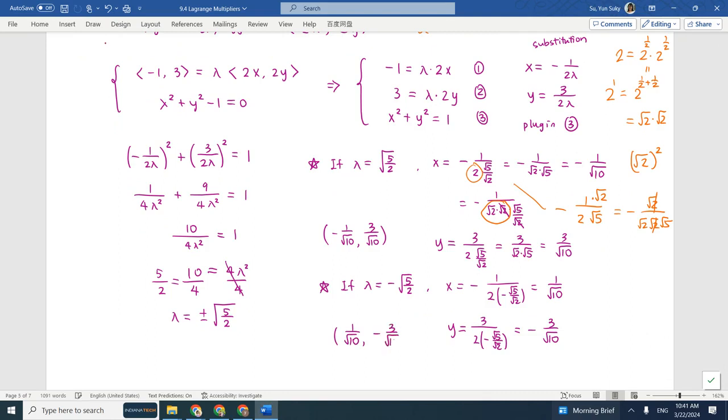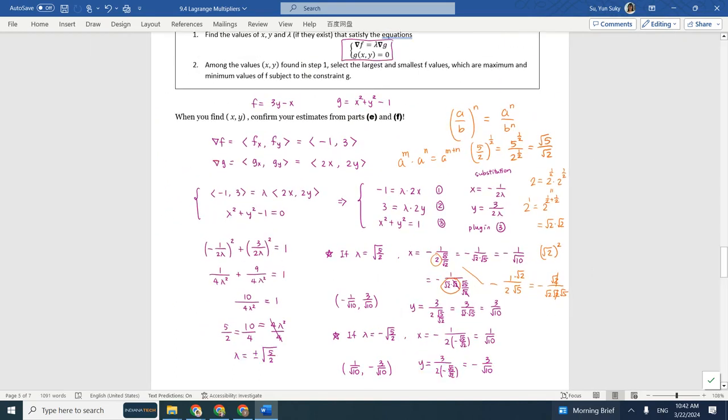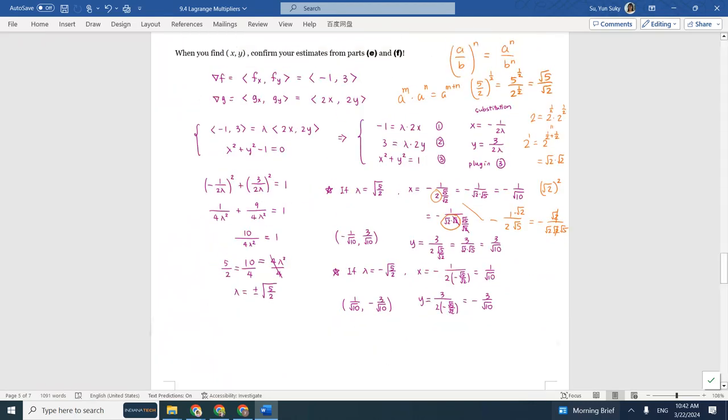So this is the other point. Is that okay, everybody? We get 2 points. And now, the Lagrange multiplier method tells us that among all the solutions you get, plug into your original function f and find the f values. The largest will be the maximum, and the smallest will be the minimum. Okay, everybody?